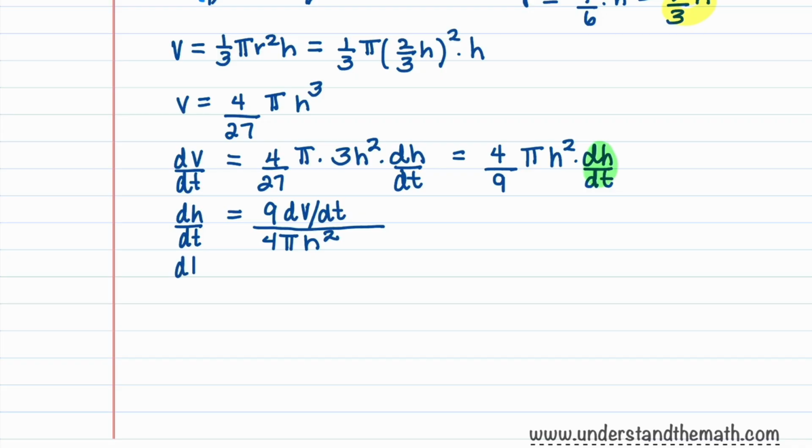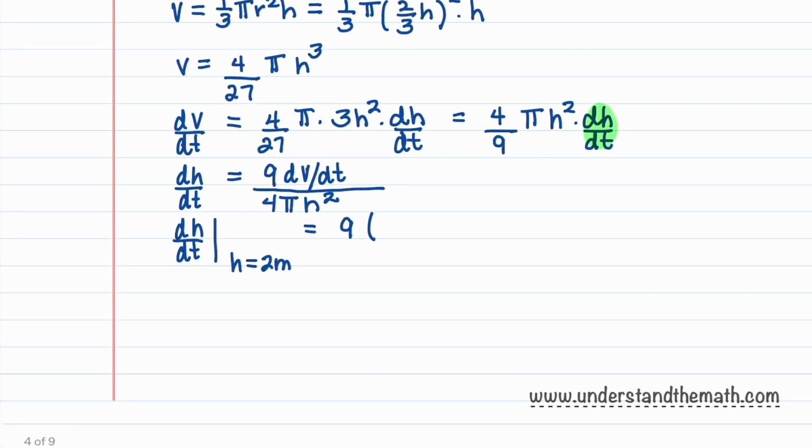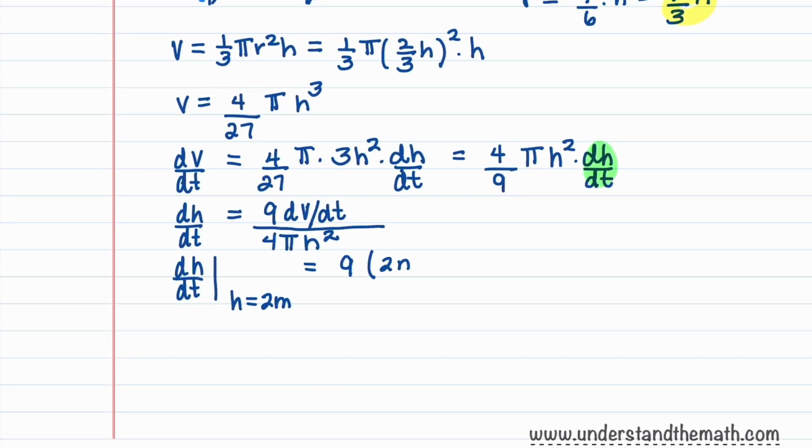We want to find the rate of change of the height when our height is 2 meters. So this is 9 times dV/dt, which is 2 meters cubed per minute, and we divide that by 4 times pi times 2 meters squared. It's really important to put units in at this point so that you know what the units for your final answer are going to be. 9 times 2 is 18.